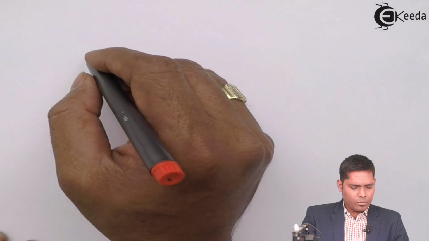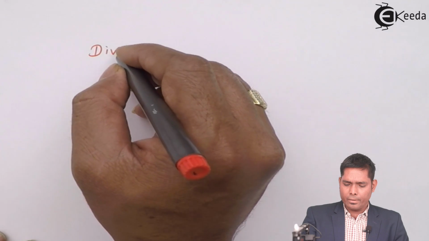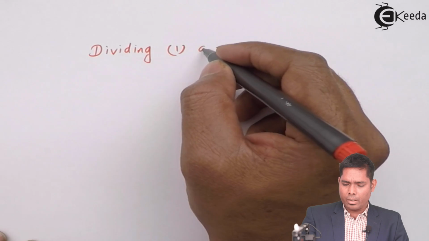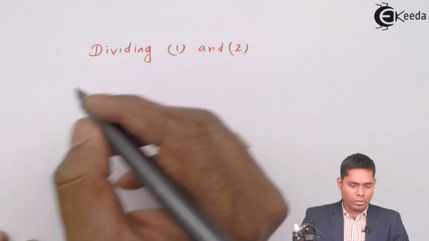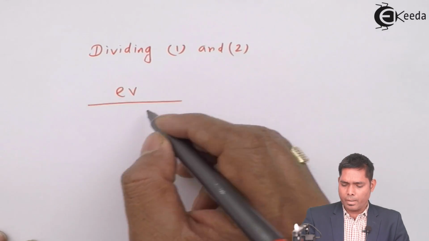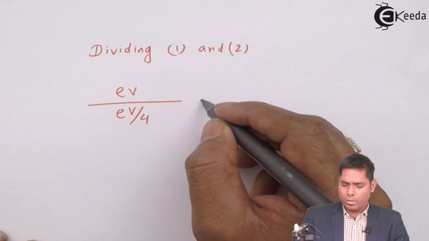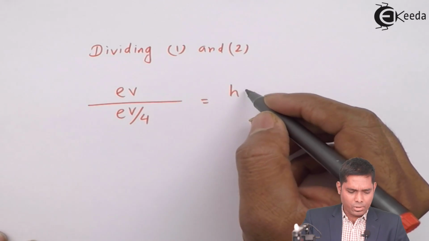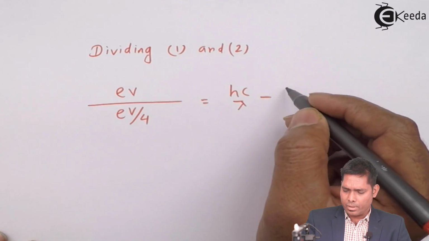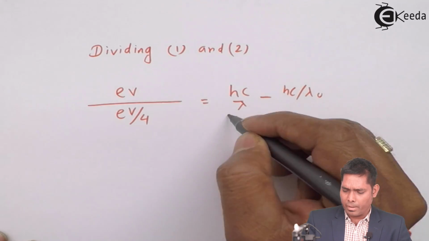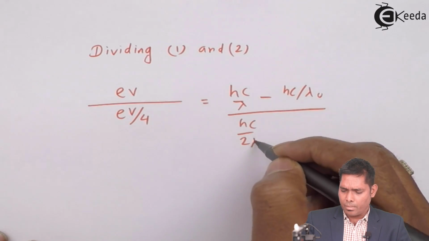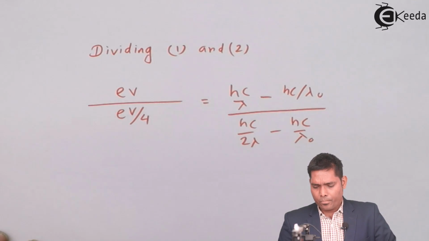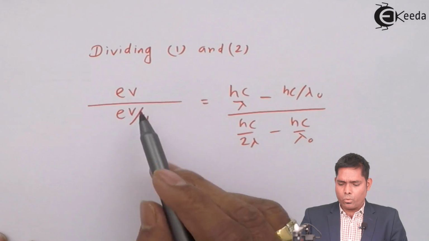Dividing equation 1 by equation 2, we get eV divided by eV by 4 on the left side, and on the right side hc by lambda minus hc over lambda naught divided by hc over 2 lambda minus hc over lambda naught. So the left side will be 4.